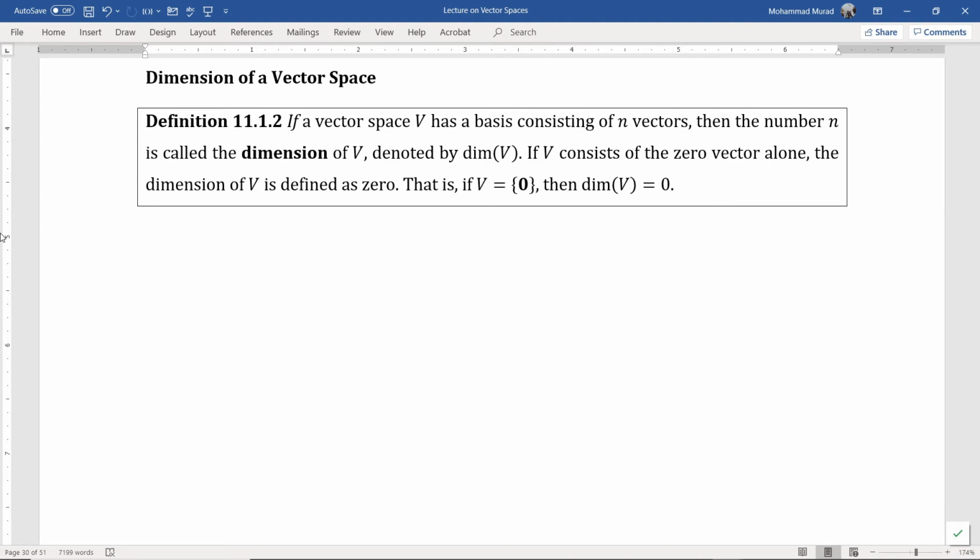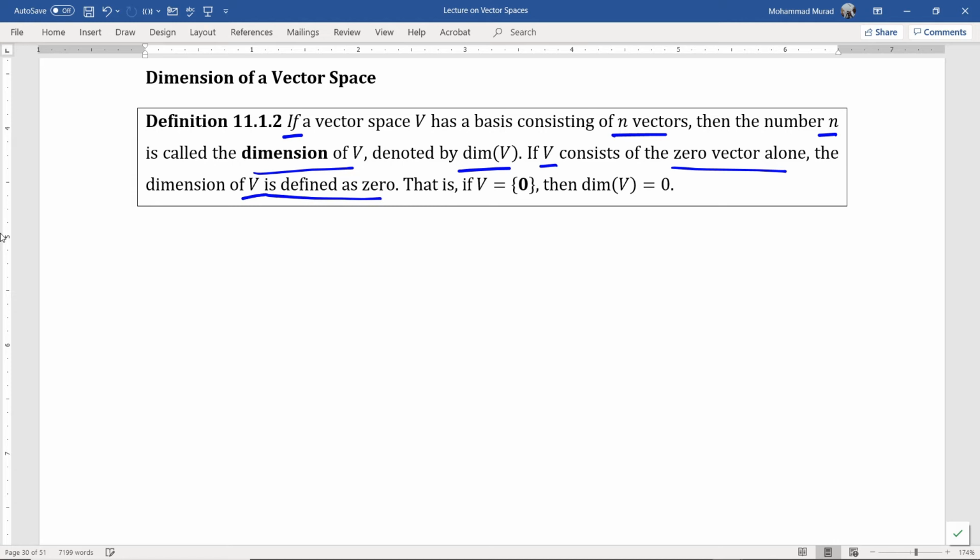Dimension of a vector space. Definition: if a vector space V has a basis consisting of n vectors, then the number n is called the dimension of the vector space V, and it is denoted by this symbol, which may be read as dimension of V. If V consists of the zero vector alone, the dimension of V is defined as 0.